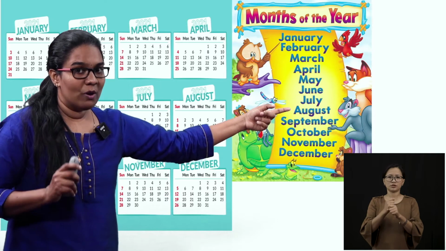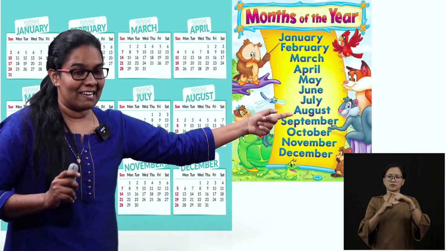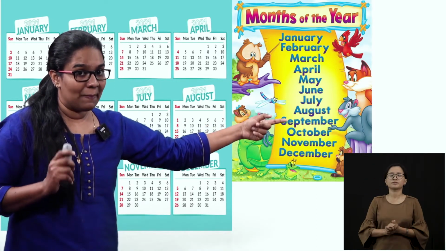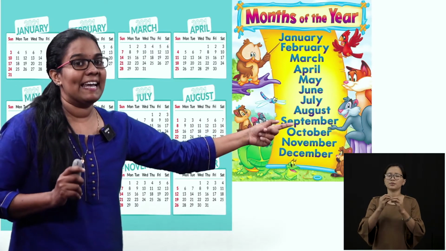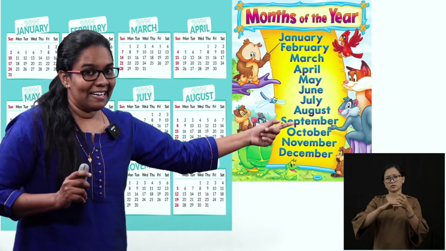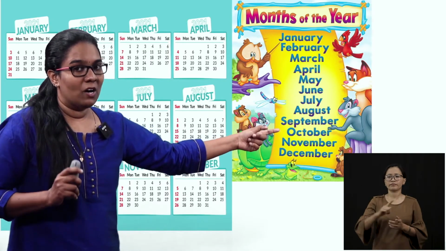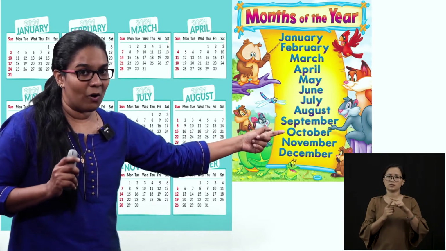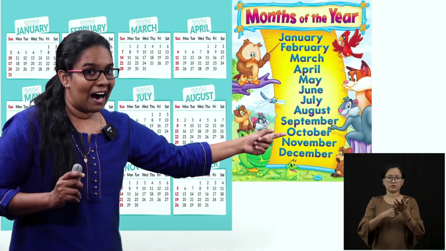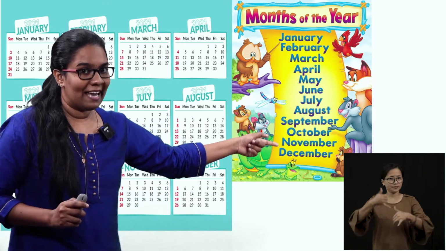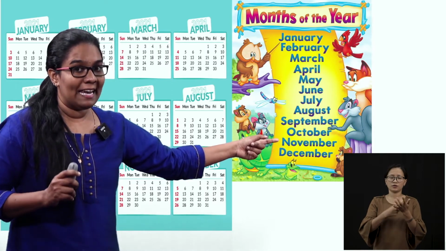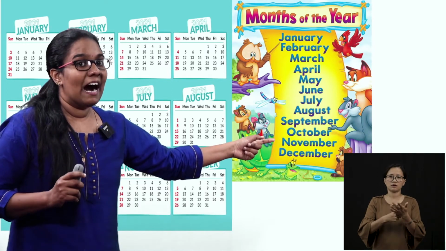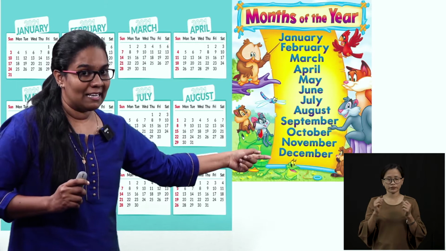A U G U S T. Next, September. S E P T E M B E R. Next, October. O C T O B E R. Then November. N O V E M B E R.